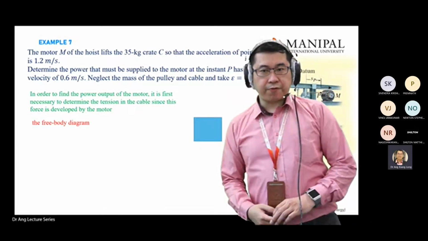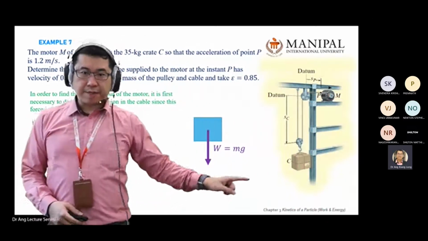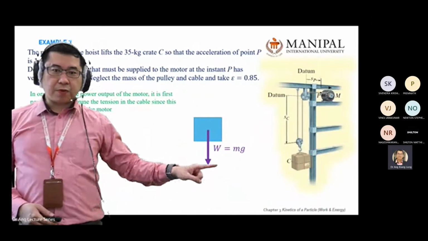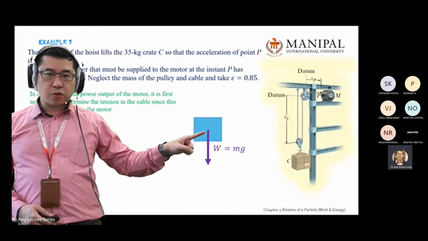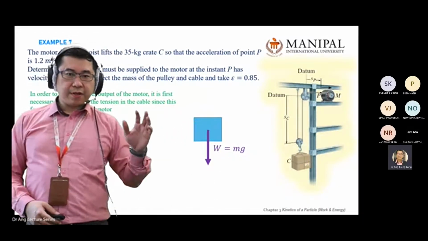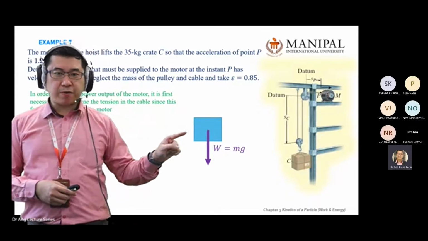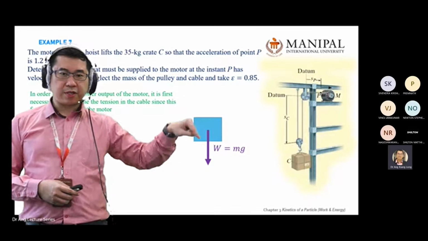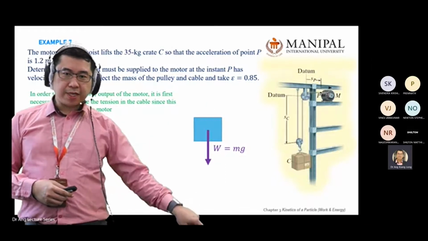So let's draw a free body diagram. Maybe I'll move over here. So free body diagram, this is for parcel C. Parcel C, I use a square. And automatically, the first force you put inside the free body diagram will be your weight, your gravitational acceleration, W equal to mg, pointing down.